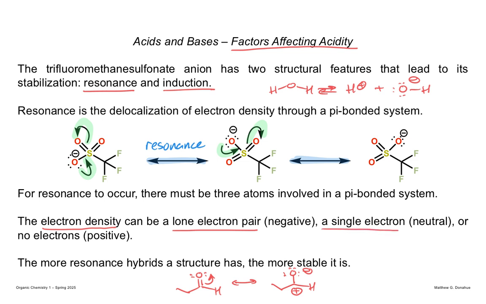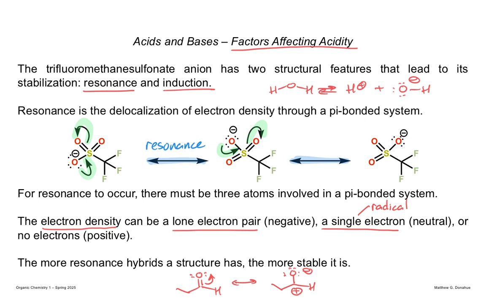A single electron, that's neutral. And as we'll learn in Module 4, those are called radicals. So in the scientific sense, a radical is a single electron. We're not talking about the political sense of some revolutionary radical.